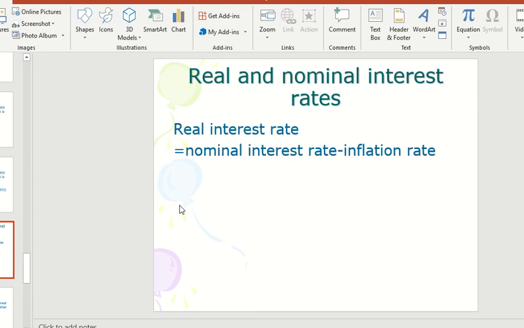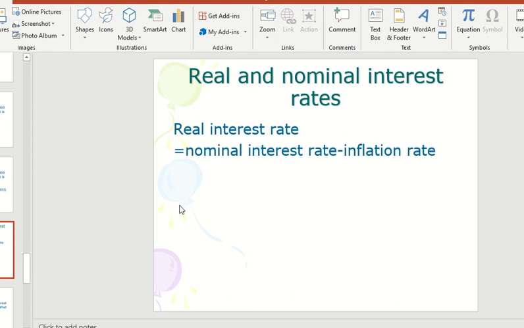So let's look at your saving account these days. Let's say you're the luckiest person in the world. I mean, your saving account offers you 1% interest rate. I say you're the luckiest person in the world because we don't even get 0.5% interest rate from our saving account these days.